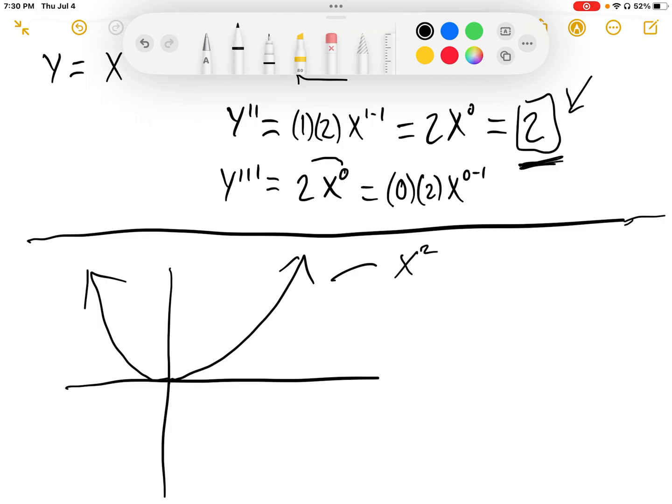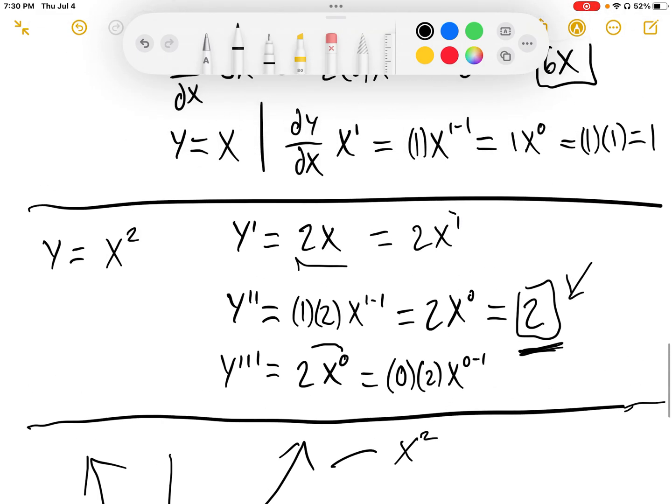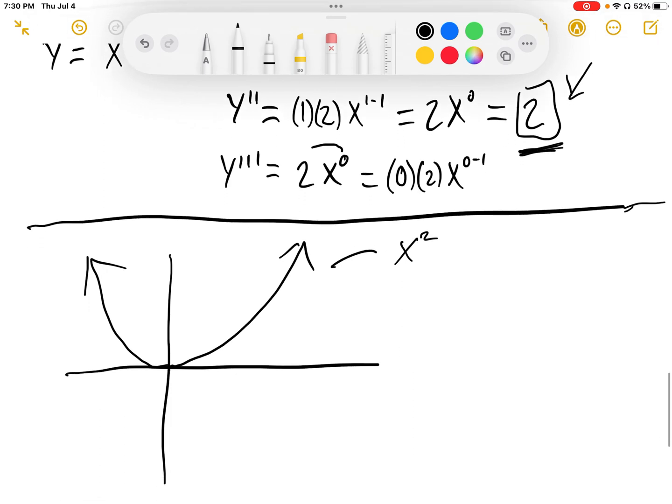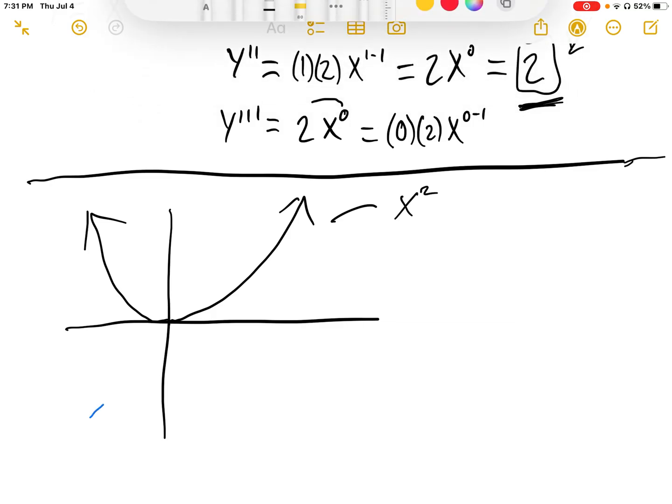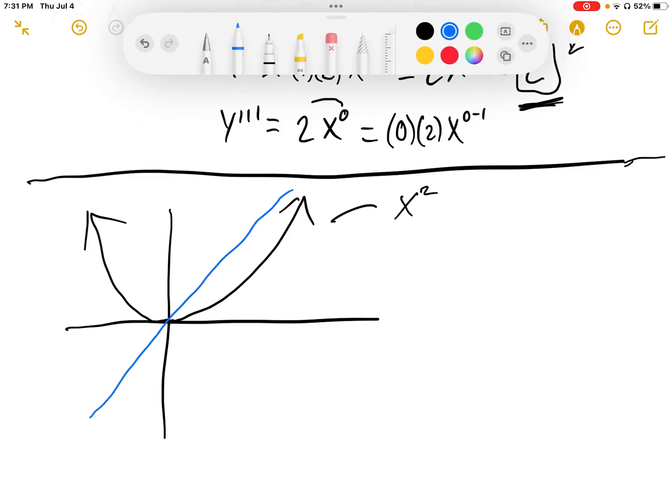So x squared. And then if we want to graph the first derivative, the 2x, that would be something like, let's see, we would increase by 2 for every value of x, but it would be something like that, just going up, up, and away.